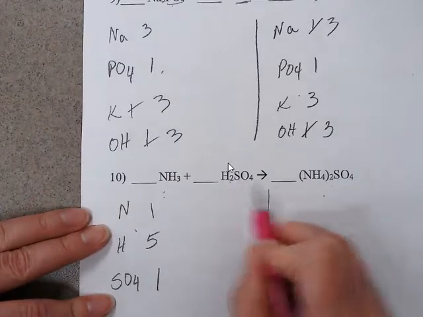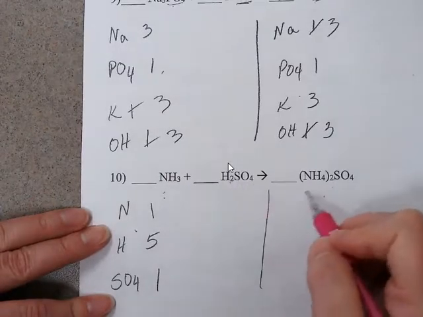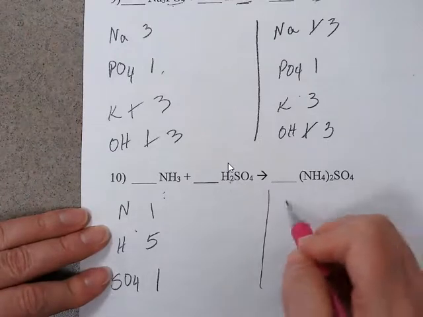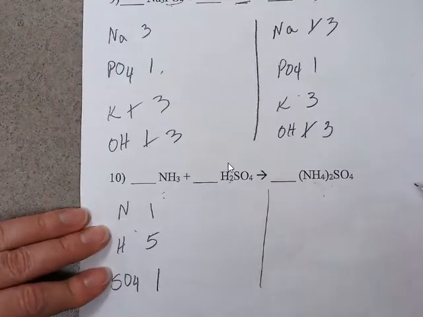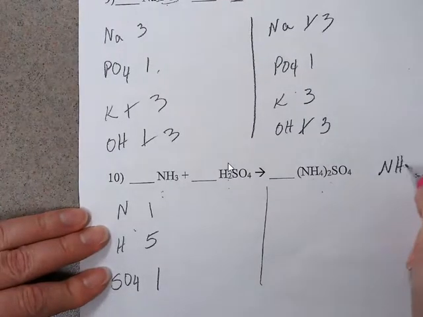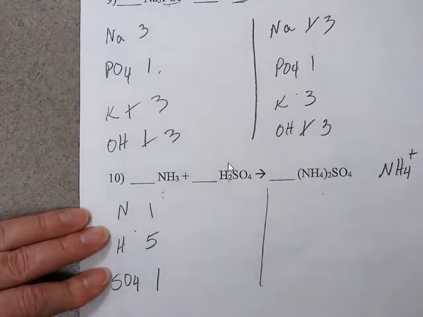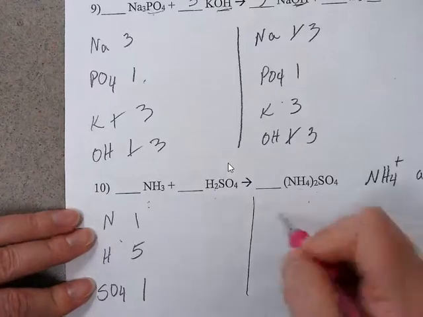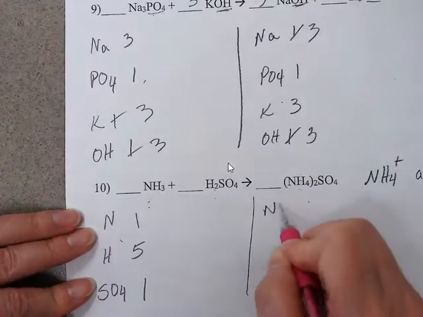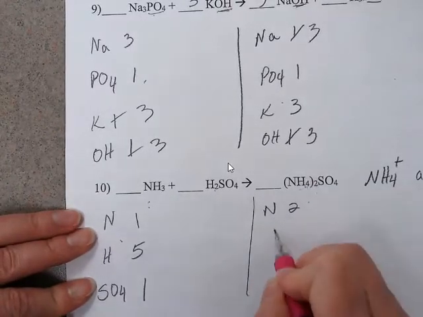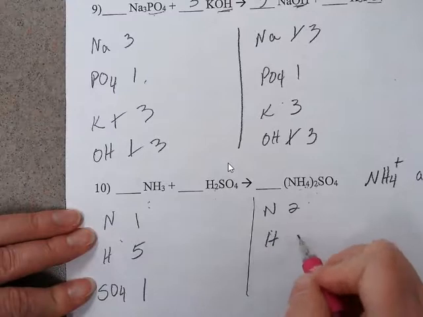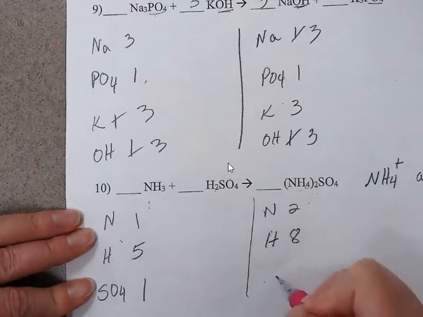See, it's still together, so we're going to keep it together. And then, this does get a little tricky. This makes a polyatomic ion, ammonium. You'll remember that from your polyatomic ion sheet, but we're going to break it up. Okay, we have 2 nitrogens. 2 times 4 is 8 hydrogens. Correct? And we still only have 1 sulfate.